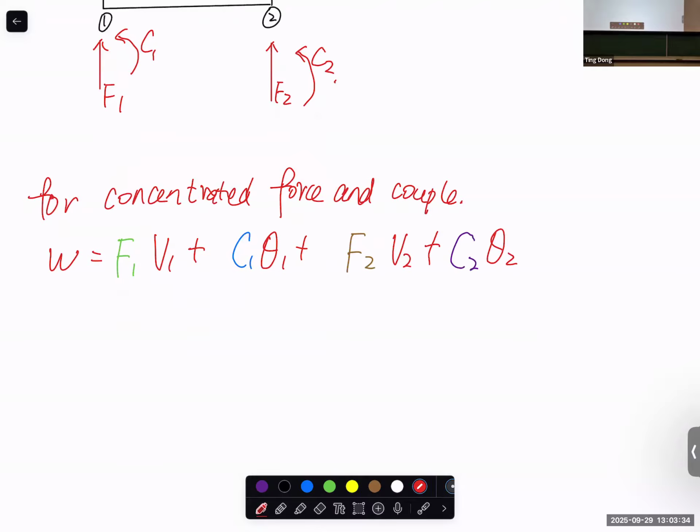Now we need to find an expression of the work done by the distributed force, and then set these two equal. The second equation is for distributed force.